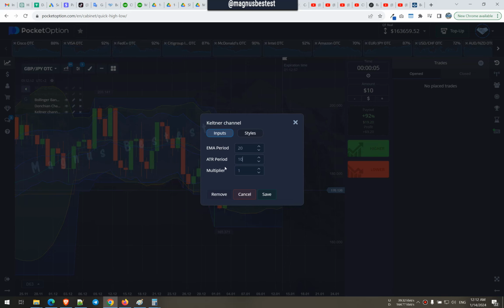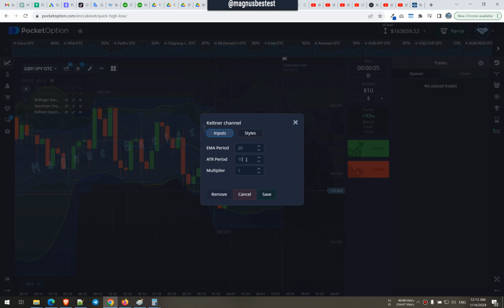Basically, it's an average of the range of a candle, so of the length of a candle, depending on which period you set. So for example, if you have set the average true range to 10, it's the average range of the last 10 candles, including the current candle.